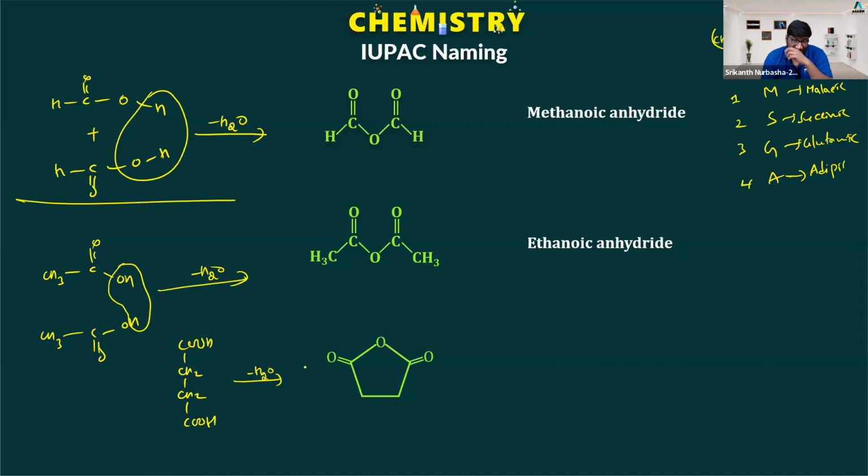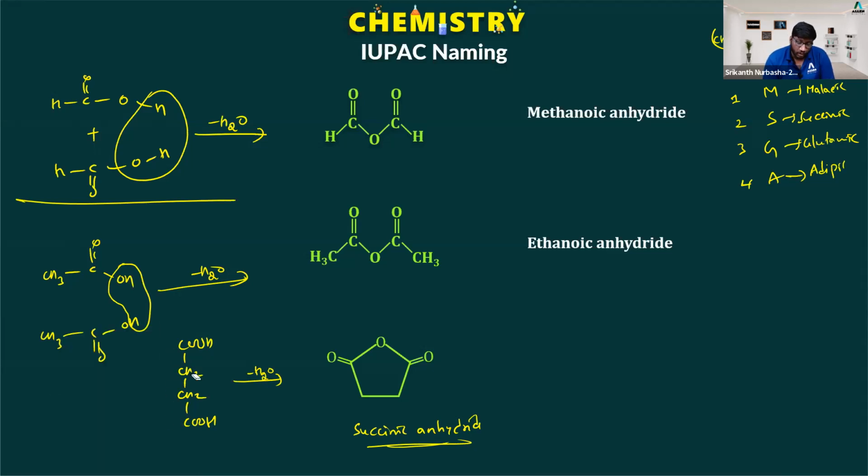What is this said to be? It is said to be succinic anhydride. The IUPAC name can be succinic anhydride, or you can also call it, with numbering 1, 2, 3, 4, by another name.